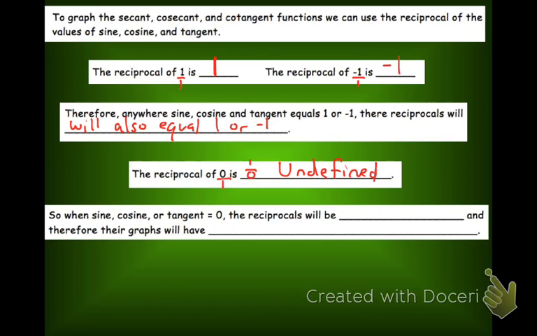So whenever sine, cosine, or tangent equals 0, the reciprocals will be undefined, and therefore their graphs will have an asymptote, or one of those dotted lines that, remember when we were doing exponentials and logs, it comes up and it gets really close to it but never actually touches. That is what's going to happen in our graphs now. We're going to have asymptotes in there.